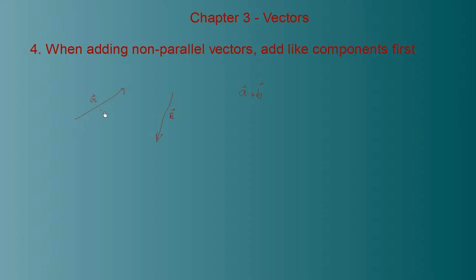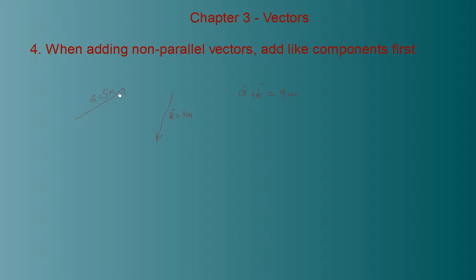For illustration, let's just say the magnitude of A is 5 meters, and the magnitude of B is maybe 4 meters. So what's A plus B? So you might think 9.